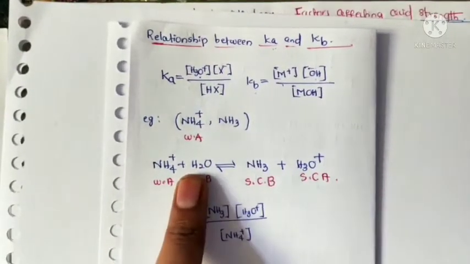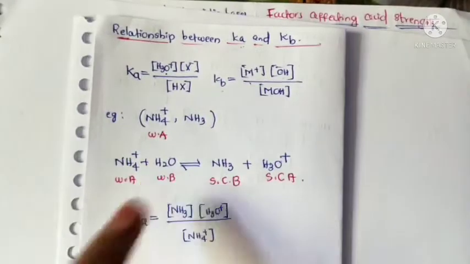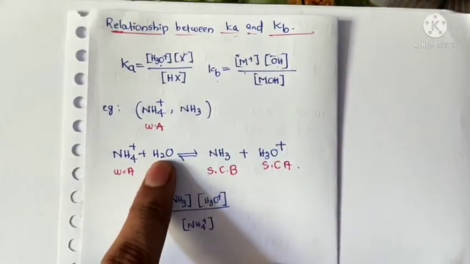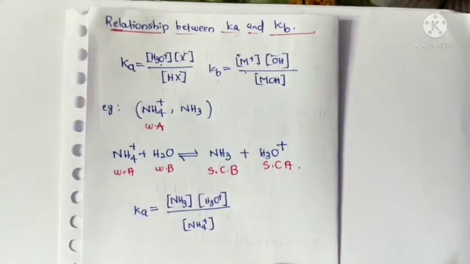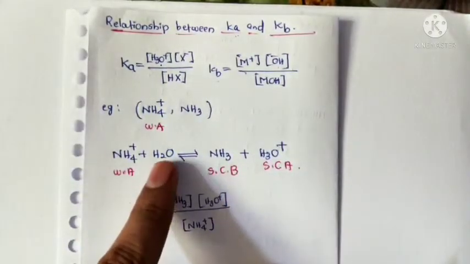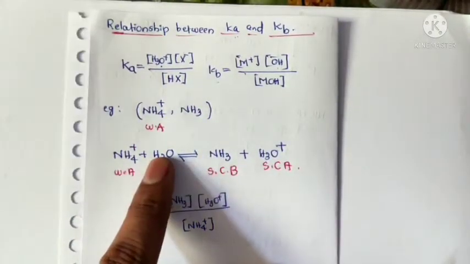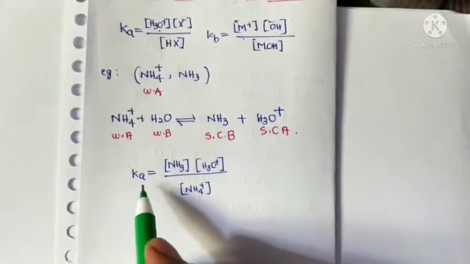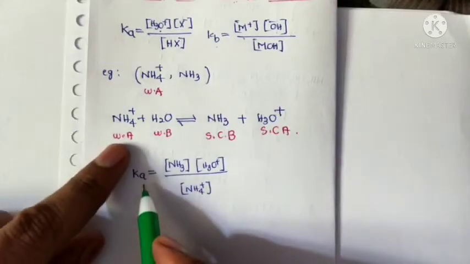Here we ignore water, because for pure liquids and pure solids the molar concentration is always 1, or remains constant. So this is the ionization constant of the weak acid.